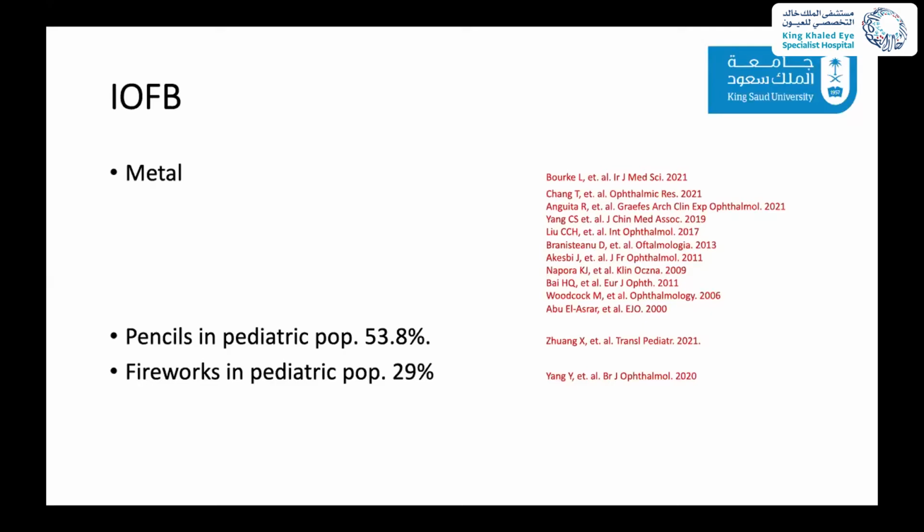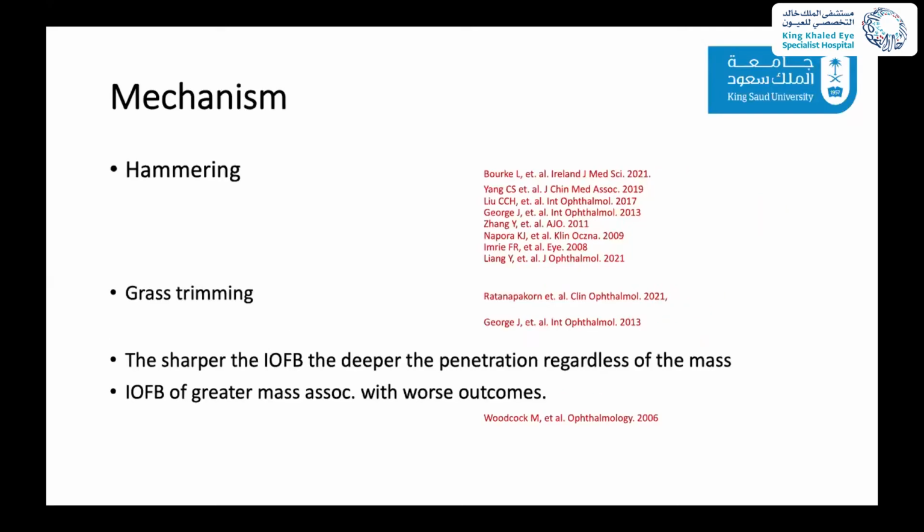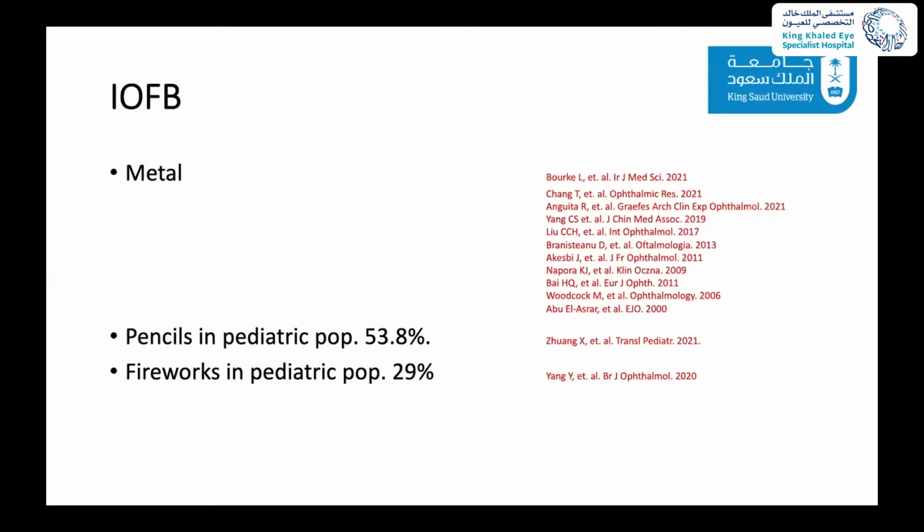The study by Zhang reported that the second most common were fireworks. So these 2 studies are almost similar. But they also reported that children left behind unattended after intraocular foreign body injuries had a worse prognosis.